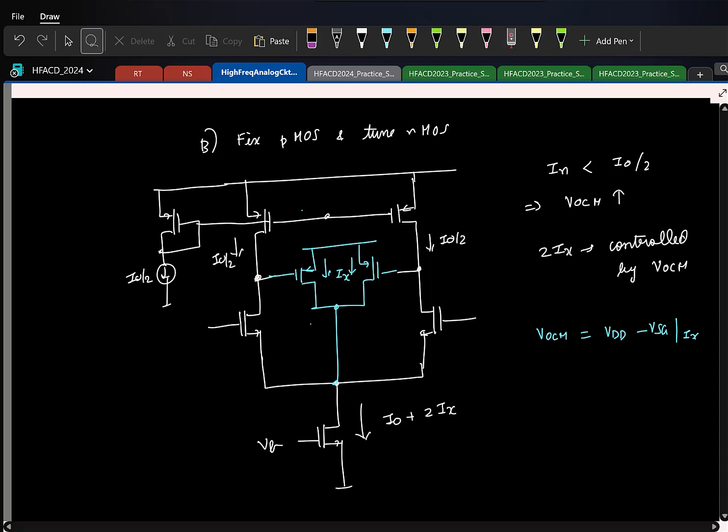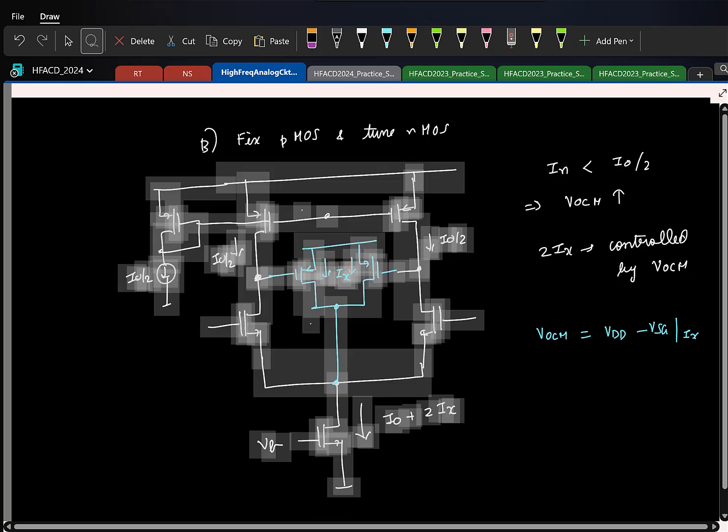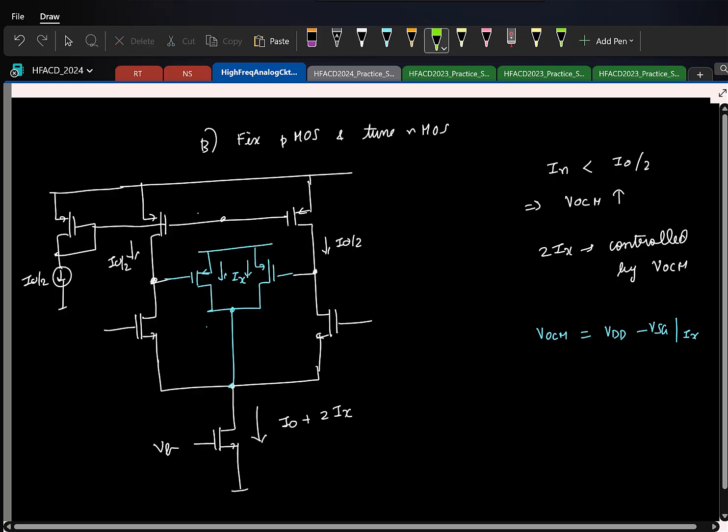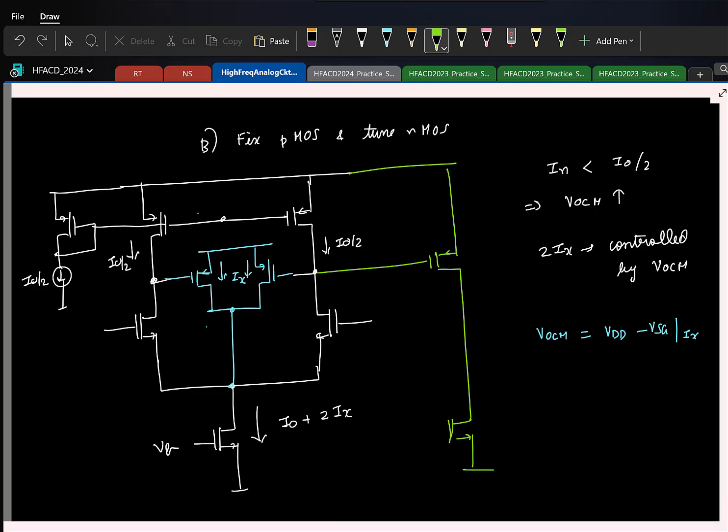So this might be useful if, let us say, following this guy you have a second stage. In the OTA, let's say you have a second stage like this. Now this common mode here will also determine the current flowing here, right?